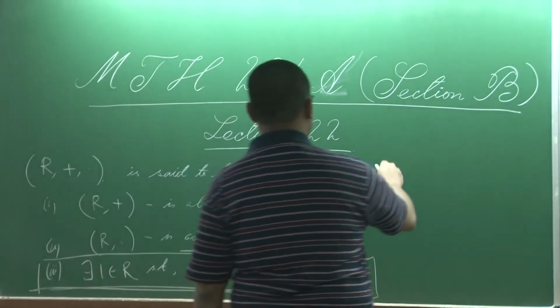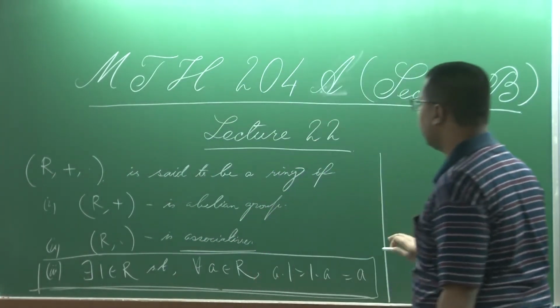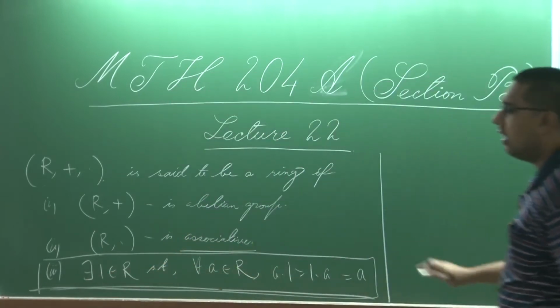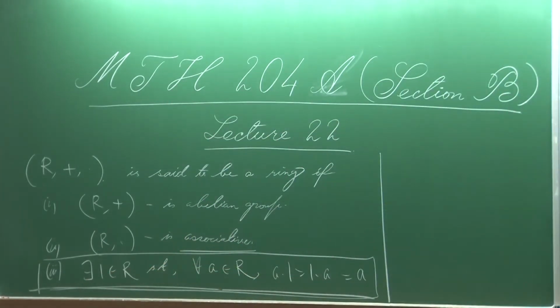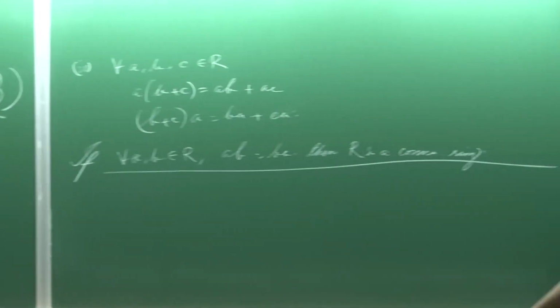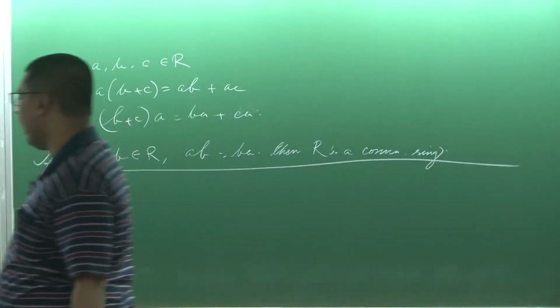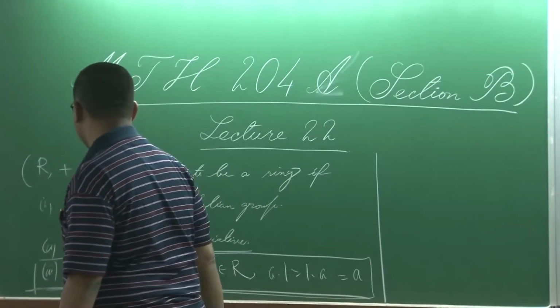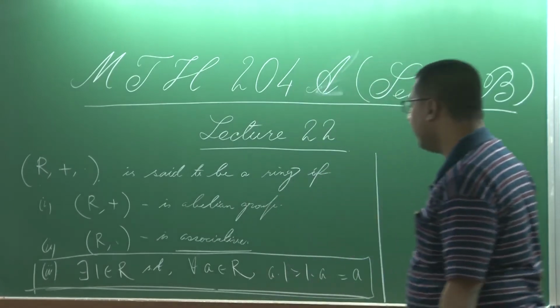So let me again remind you that for this course our convention is that all the rings will contain a unity but need not be commutative. But again, most of the rings that we are going to encounter in this course will be commutative. So a ring is basically a set together with these two binary operations such that these properties hold.